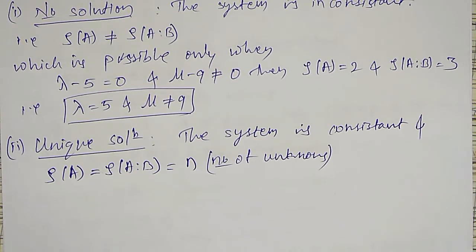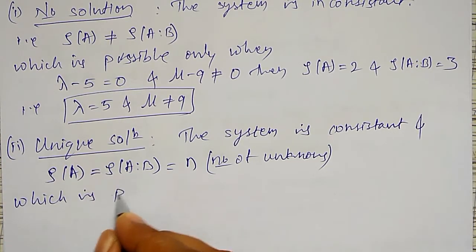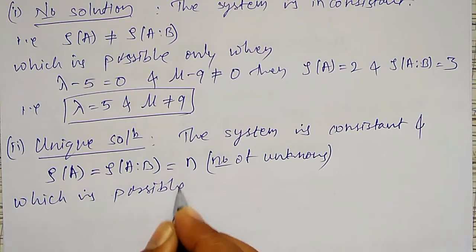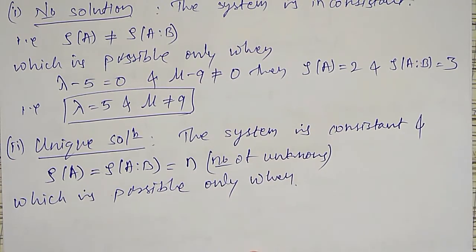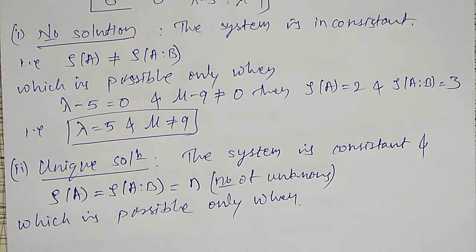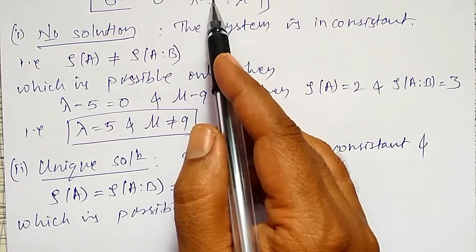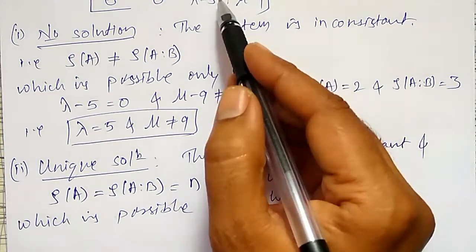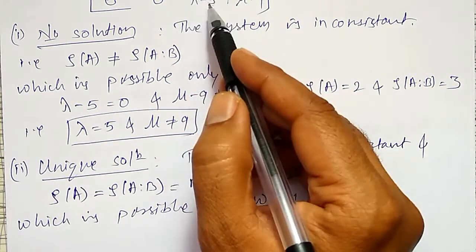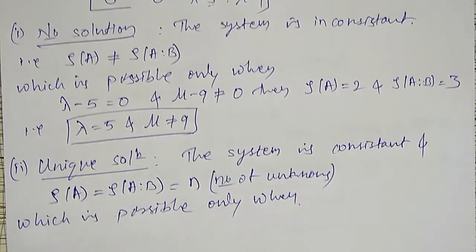When is it possible? It is possible only when rank must be equal to 3, since the number of unknowns is 3 here. Both the ranks must be equal to 3. Lambda minus 5 must not be equal to 0, and mu minus 9 may take any value. Then rank of A will become 3, and rank of A colon B also will become 3.